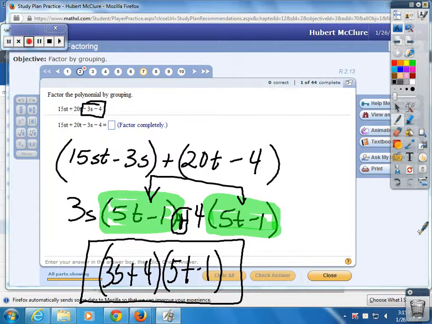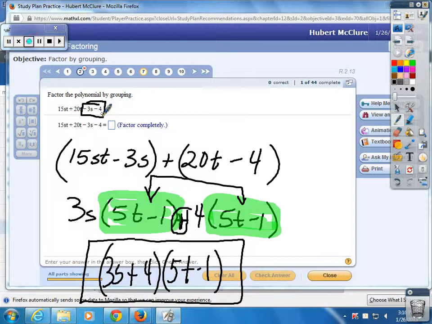Because 2x plus 2x is 4x. 5t minus 1 and 5t minus 1 comes down as 5t minus 1. This is just like 3x plus 4x is 7x. Now that's a 2 by 2.